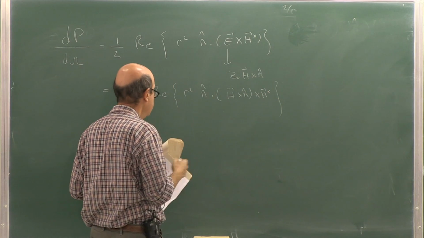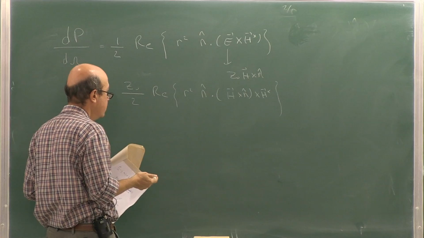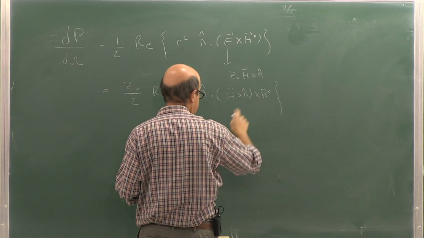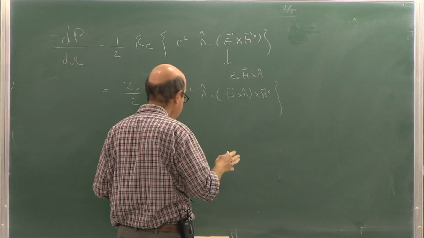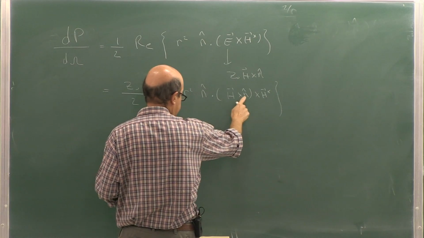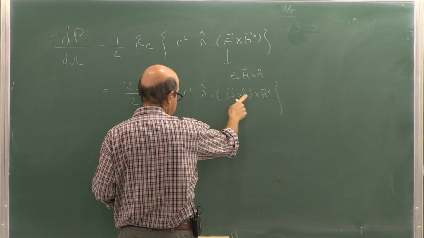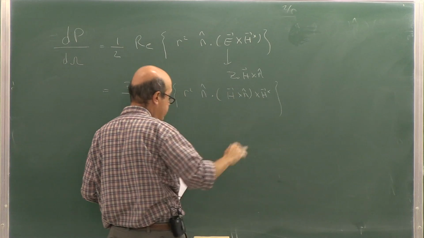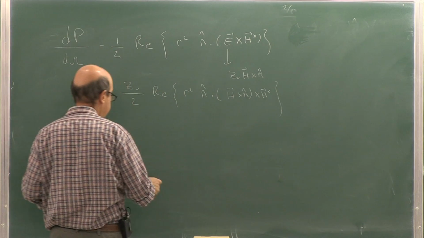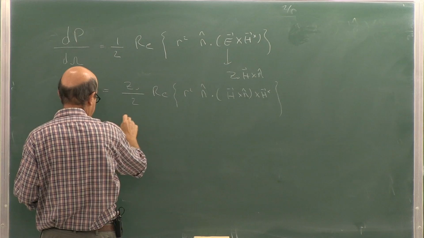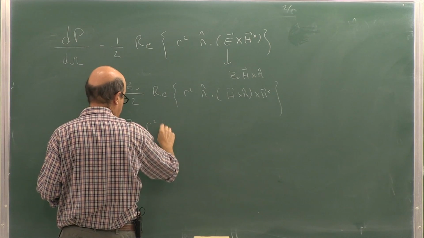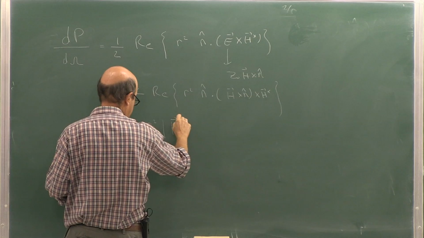So switch the order, make minus. Then H dot H complex conjugate will be H squared. That will be along n, and that product with the n will be unity. H dot n will be 0. So this will give you a result Z0 over 2 R squared H squared.